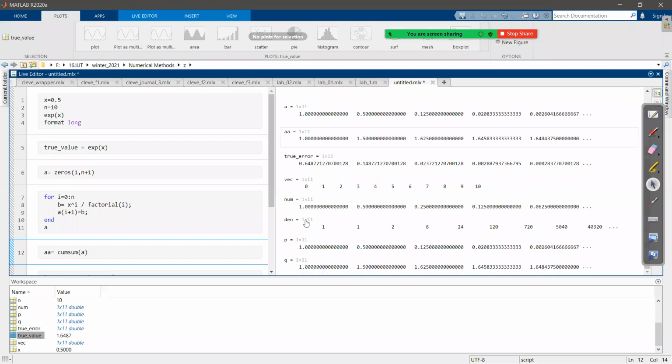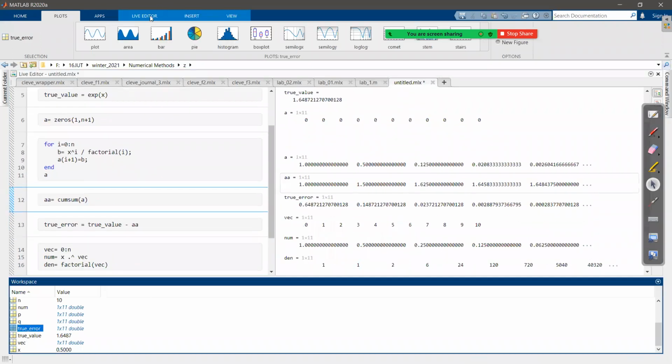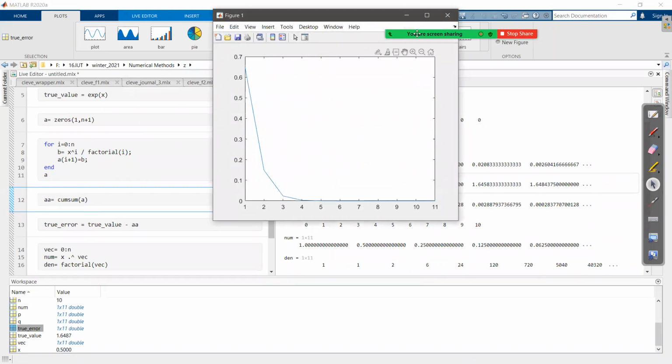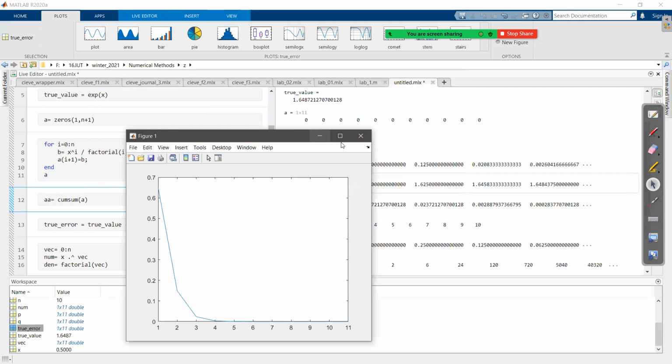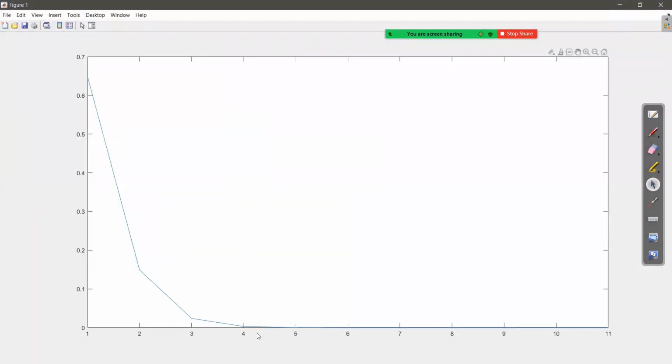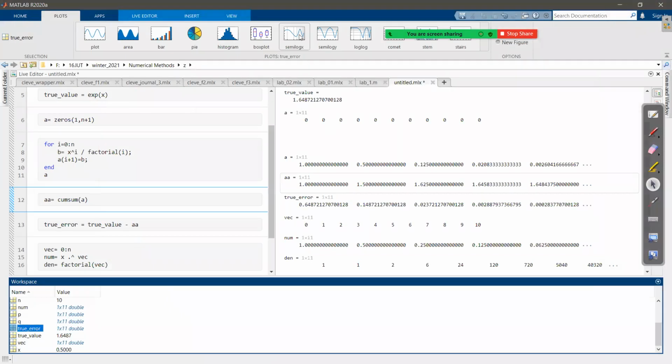When I was calculating the true error, I was plotting it this way. As you can see, in the y-axis, the value here, you can barely see it, right? Because the difference is too large, so it is difficult to see. In scenarios like this, you can create a semilog plot.